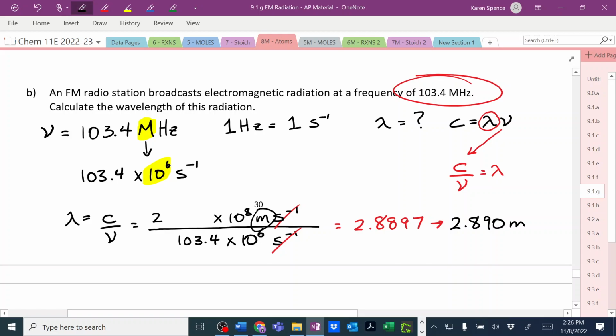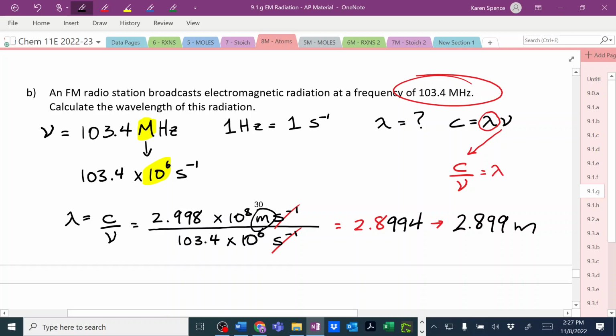Oh, thank you. It's 2.998, which probably means my answer is wrong too because I typed it in wrong. Okay, 2.998 E8 divided by 103.4 E6 equals 2.8994. There we go. And so then that would become 2.899 meters.